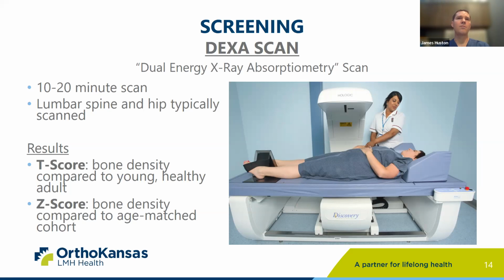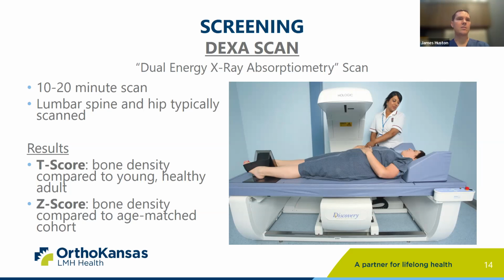And from the findings of that scan, a score is calculated, and it's compared to 2 different groups. The T score is a comparison to what they call a young, healthy adult. And we look at how many standard deviations away from that control group the patient's score comes in.